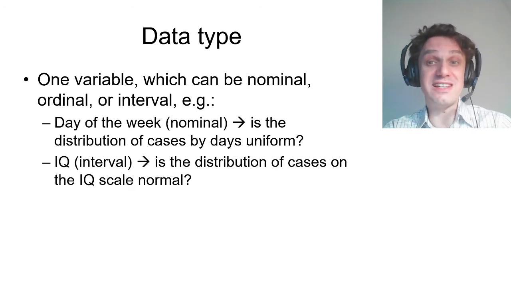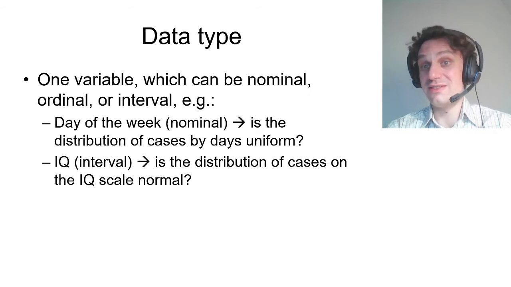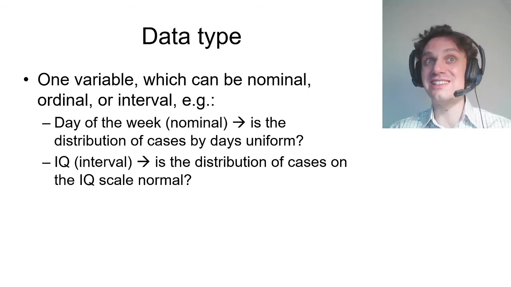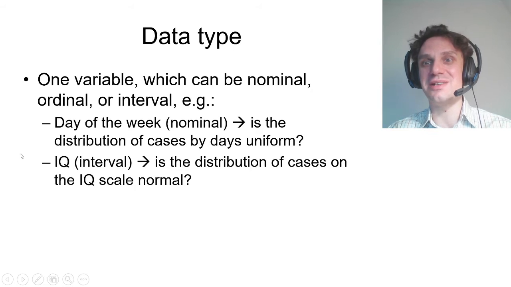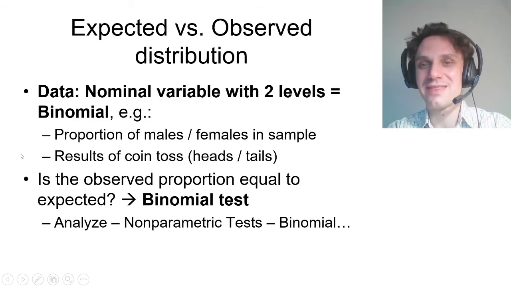Or if your variable is interval, for example, you can ask a question, is the distribution normal? And this is also a frequent type of question that we ask when we use one-sample tests.